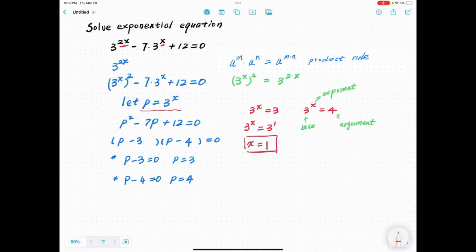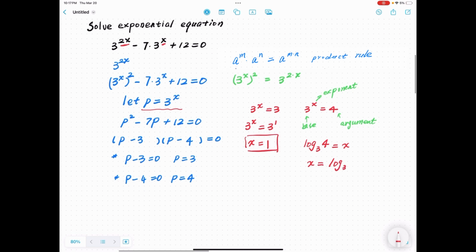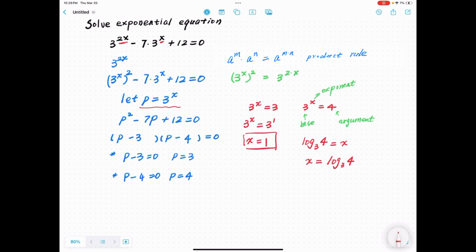For a log expression, we have log base. We put the base here, which is 3. Then the argument is 4, equals the exponent, which is x. Now, x equals log base 3 of 4. Now you need your calculator to solve this.